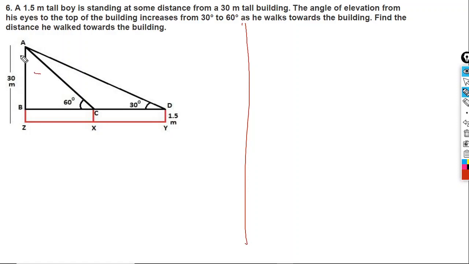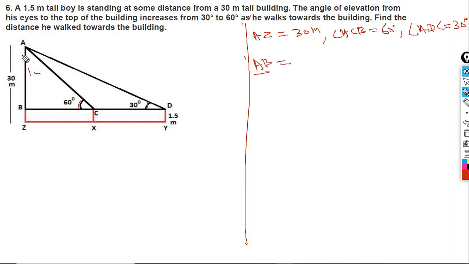Here AZ equal to 30 meter. You can write angle ACB equal to 60 degree, and angle ADC, this angle, is equal to 30 degree. So you can write, I have to find the length of AB.